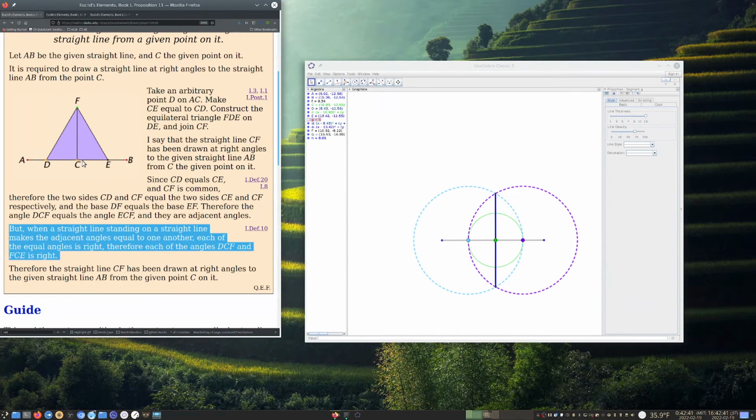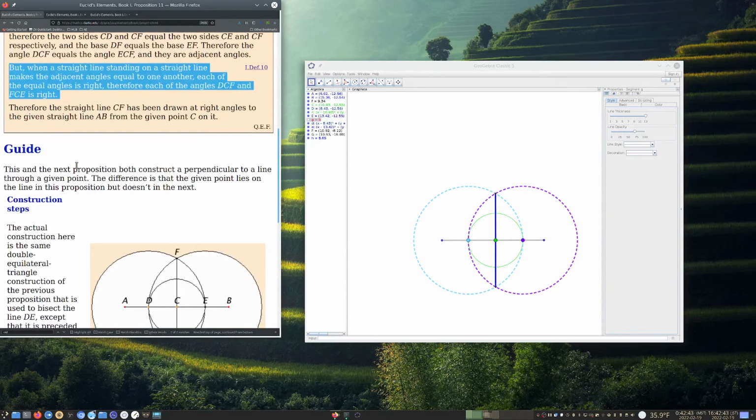All right, let's read the guide. This and the next proposition both construct a perpendicular to a line through a given point. The difference is that the given point lies on the line in this proposition but doesn't in the next.